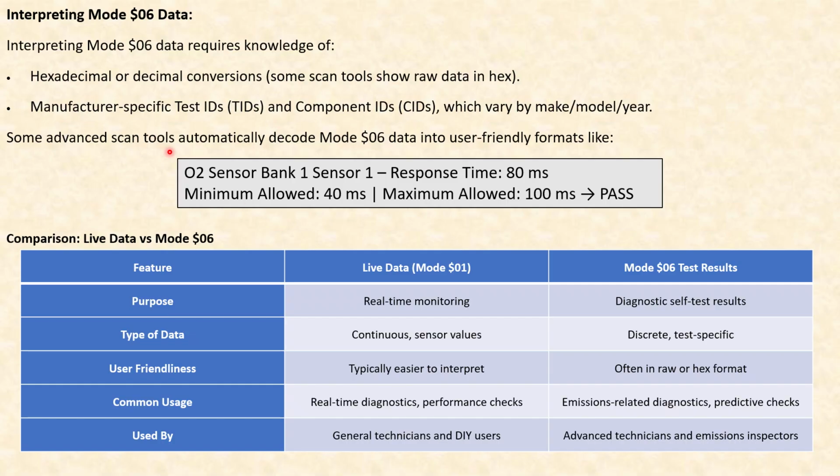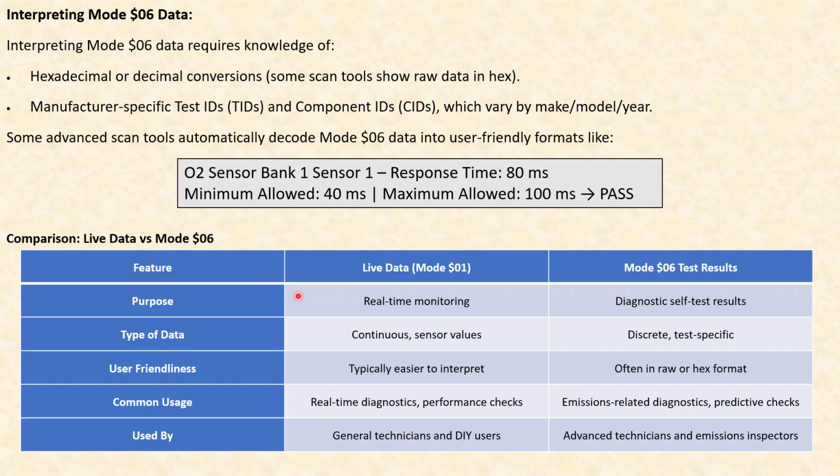Some advanced scan tools automatically decode mode $06 into user-friendly formats like the one shown below. Oxygen sensor bank 1 sensor 1: response time is 80 milliseconds, minimum allowed time is 40 milliseconds, maximum allowed is 100 milliseconds, and it has passed the criteria.